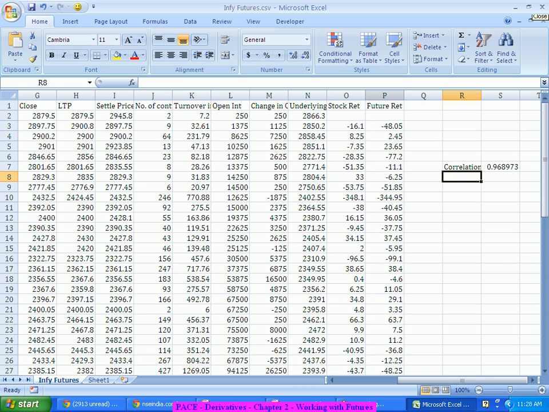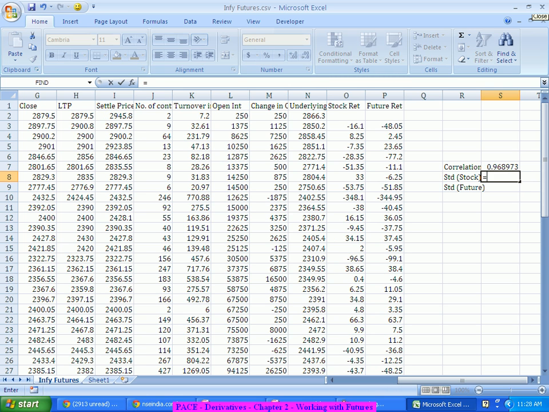So I'll simply take the standard deviation of the stock, and I will also take the standard deviation of the futures, which means individually what could be the loss if I had invested exclusively in the stock market, or if I had invested exclusively in the futures market.